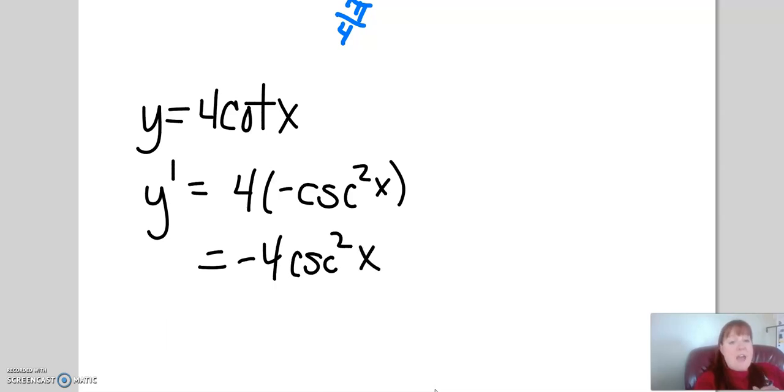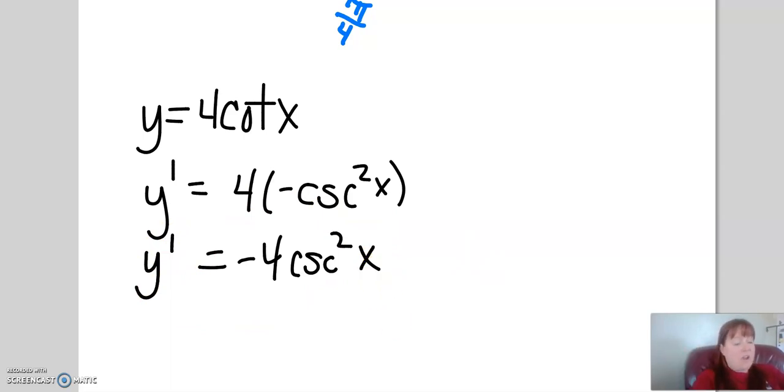Now remember, we can plug any value in for x to figure out the slope of the tangent line, because the slope changes depending on where you are on the curve.